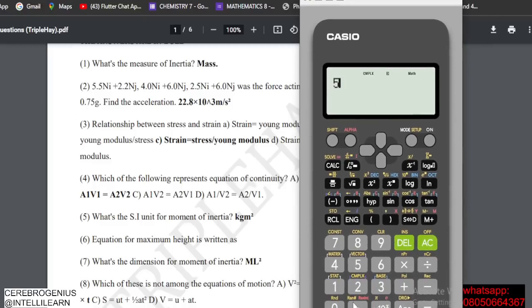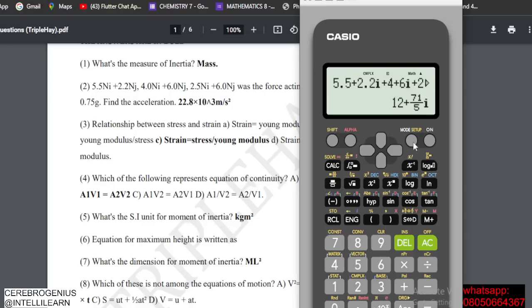So we are going to have 5.5 plus, then we enter 2.2 as I, shift I, then plus the second force is 4 plus 6I, plus next one is 2.5 plus 6I.